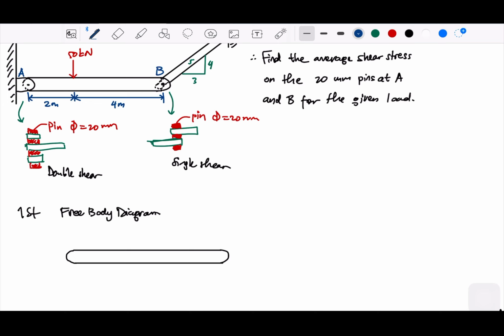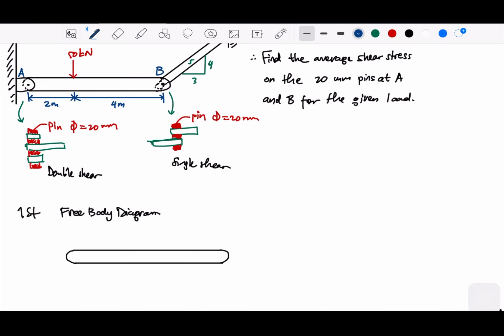What kind of reactions? Imagine that A can move like this, right? So there will be only X and Y reaction forces. There will be no moment because it can rotate freely.